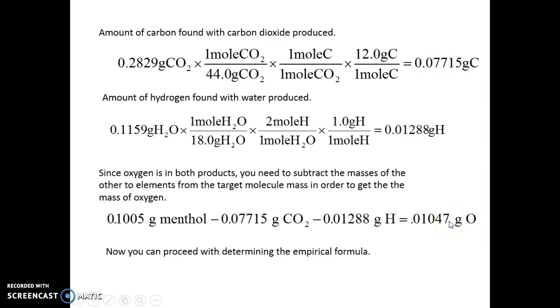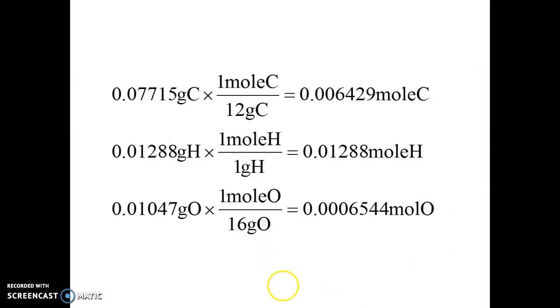Now we're just going to do the same kind of calculation to figure out the empirical formula that you learned how to do in the previous slide. So this many grams of carbon converted into moles, there's my number. This many grams of hydrogen converted to moles, there's my number. Now you might be thinking, well, why didn't I just stop at moles in the previous slide? The problem is we needed to know how many grams of oxygen.